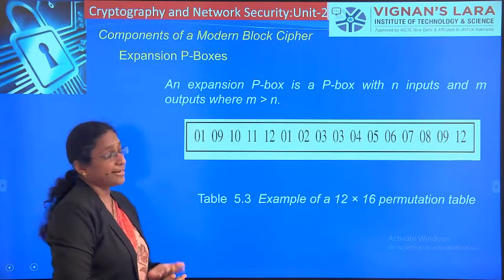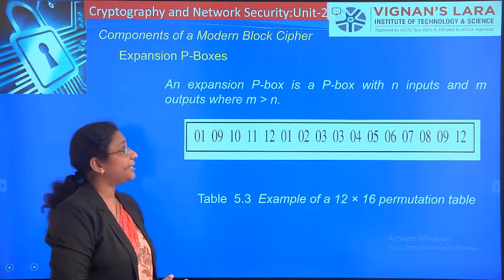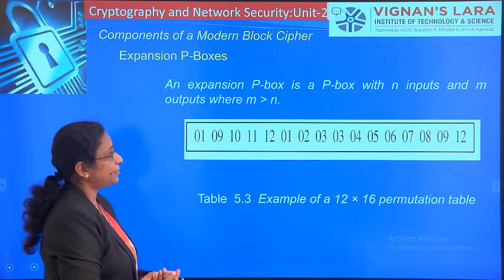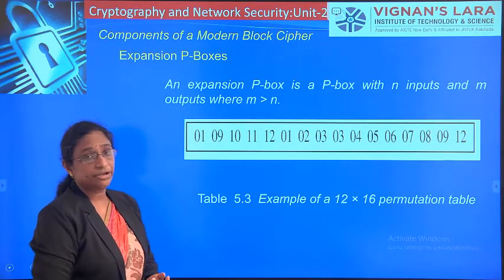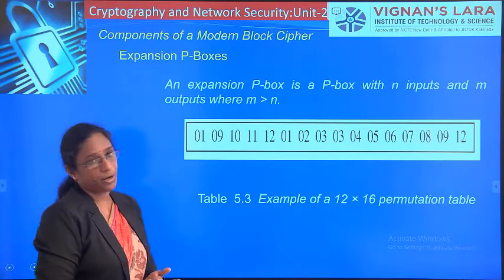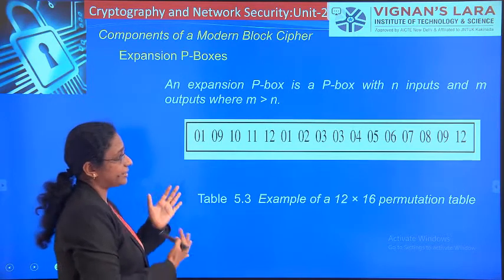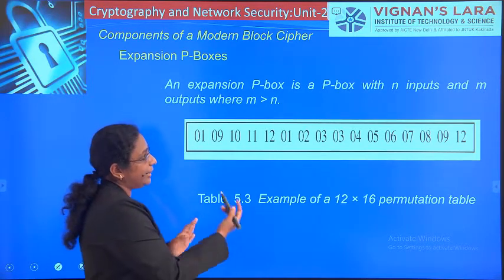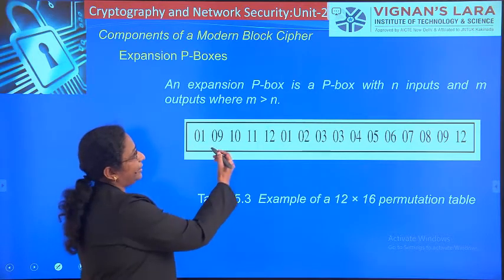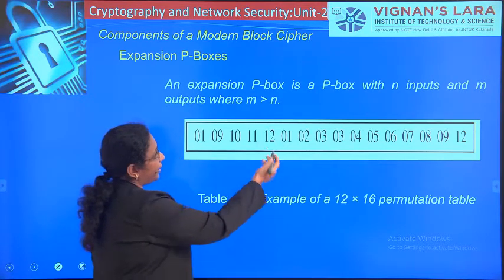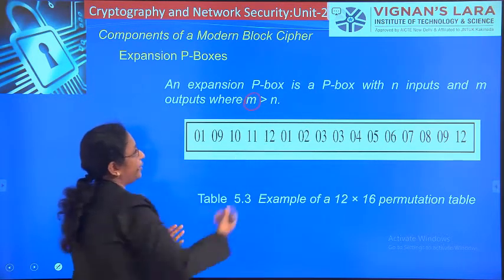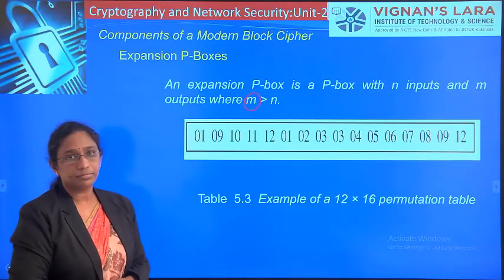Next is the expansion P box. An expansion P box is a P box with n inputs and m outputs, where the number of outputs will be more than the inputs.